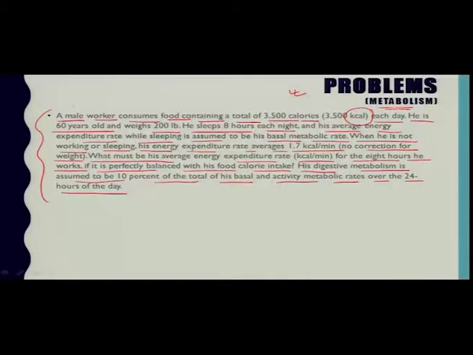So here what you need to calculate, you have to calculate the BMR per hour per kilogram. Firstly you have to calculate this, and then you have to calculate this particular BMR on the daily basis, followed by total metabolic rate on the daily basis, and then followed by average energy expenditure rate.